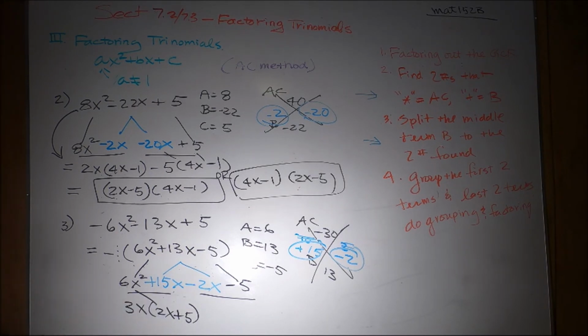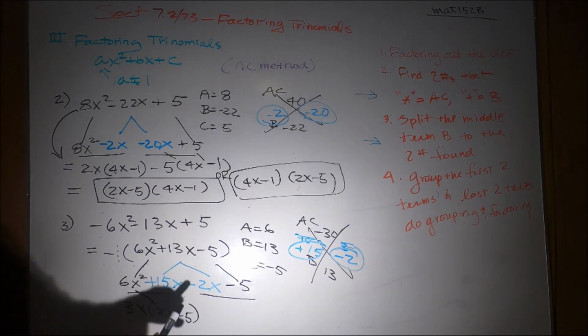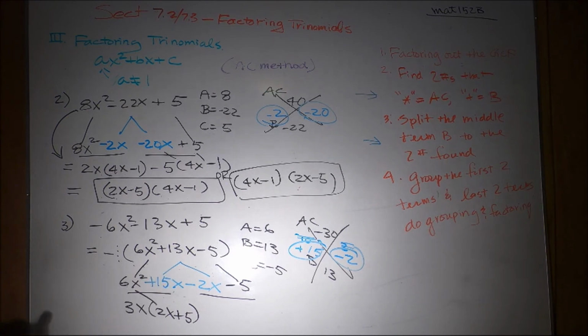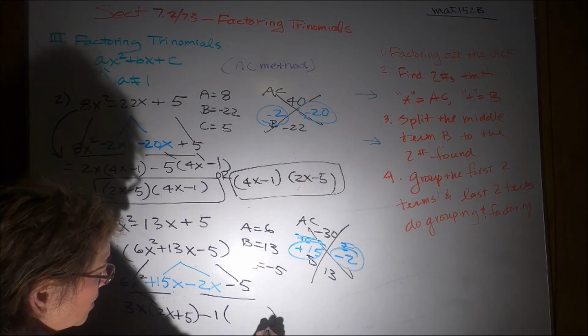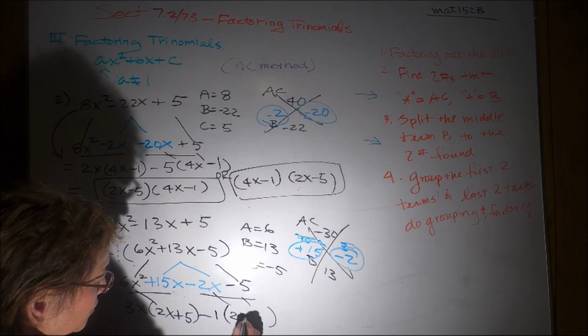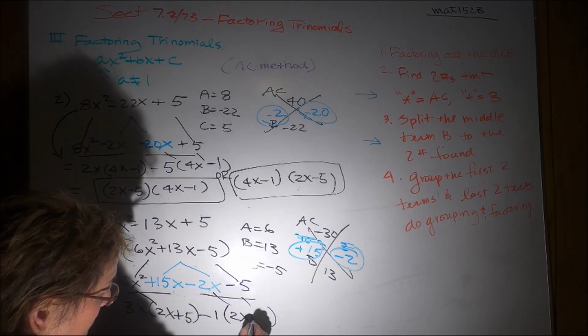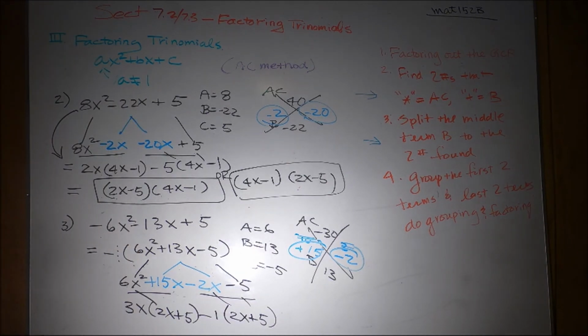For the second group, what do you take out? Nothing is the same, but if nothing is the same, it means what? GCF is 1. With the leading one negative, you take out -1, right?